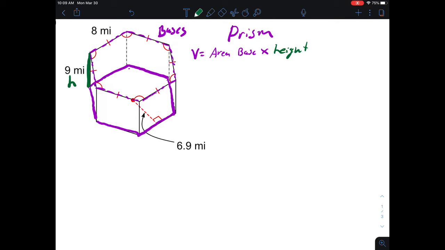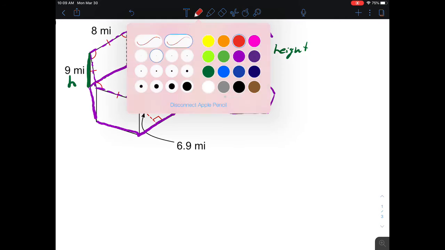Now to find the area of this base, we have a hexagon, and we're given an apothem.